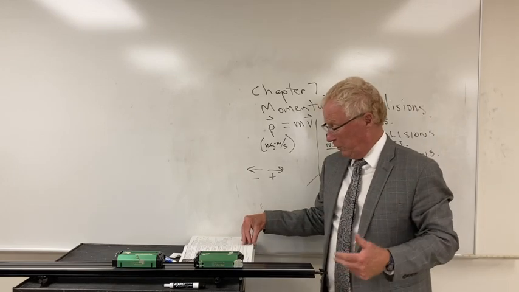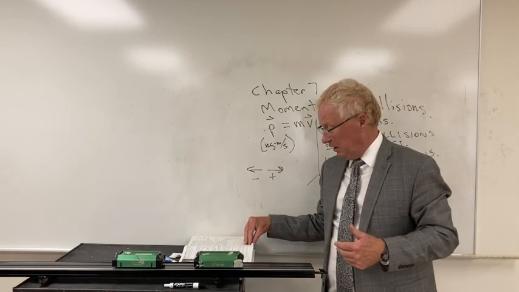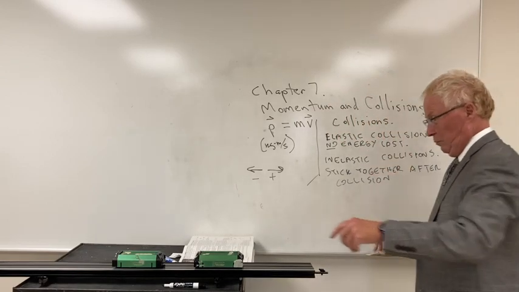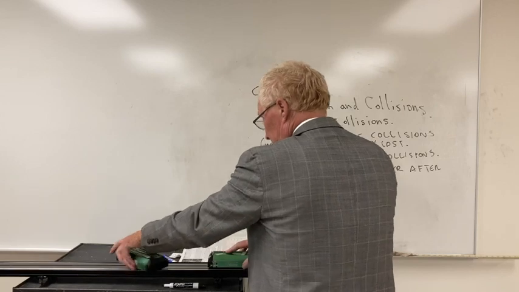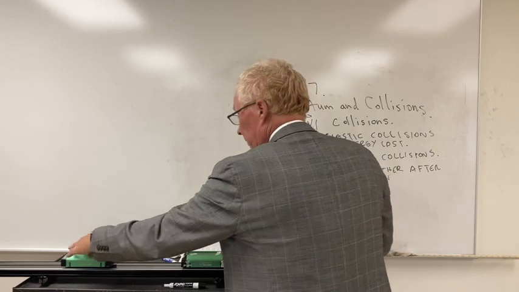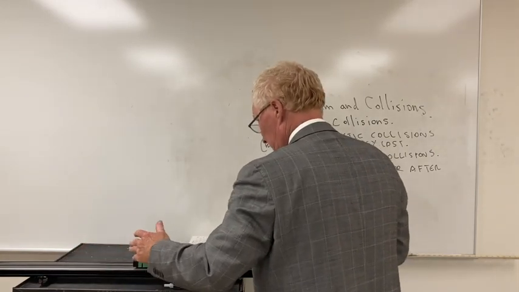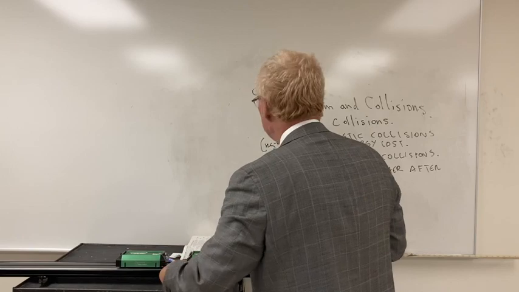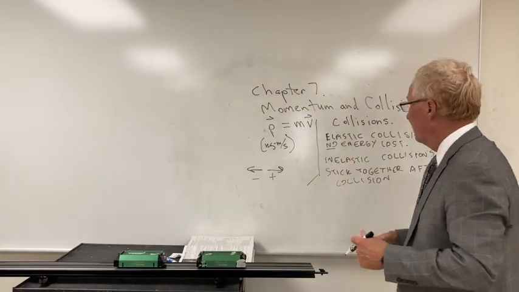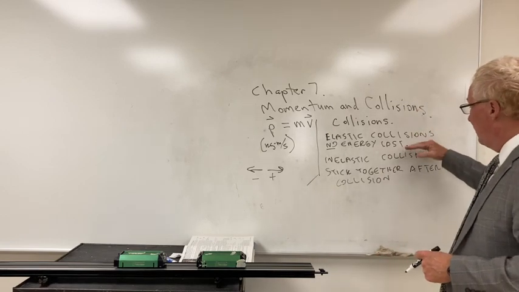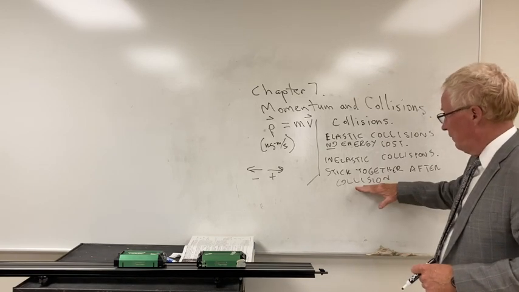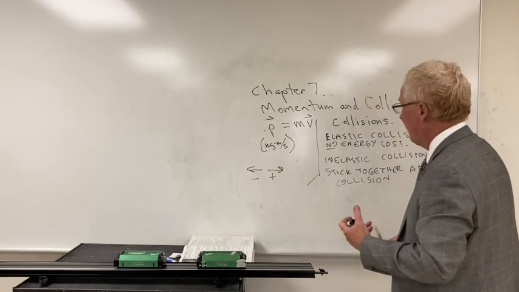This would be more for an advanced calculus-based class. So those are the two basics we're going to have: totally elastic and totally inelastic. We'll deal with one at a time, and I'm going to do this one first, because that makes it easier to deal with problems.